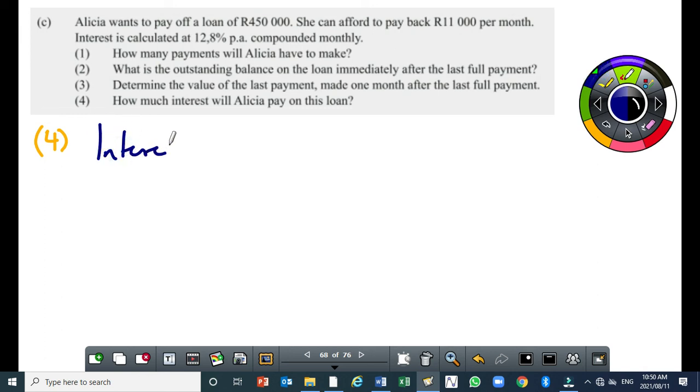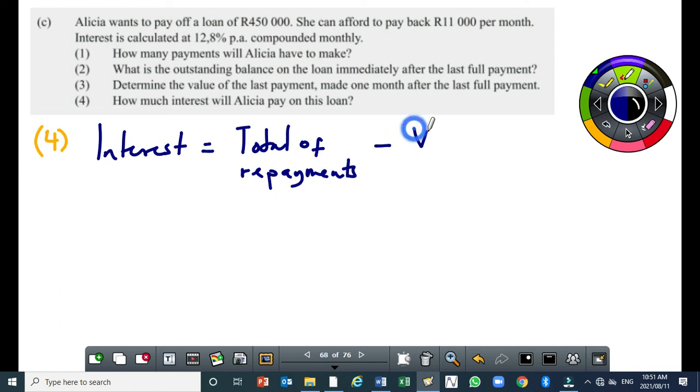Interest is equal to the total of repayments made minus value of the loan. Okay, that's the basic formula.